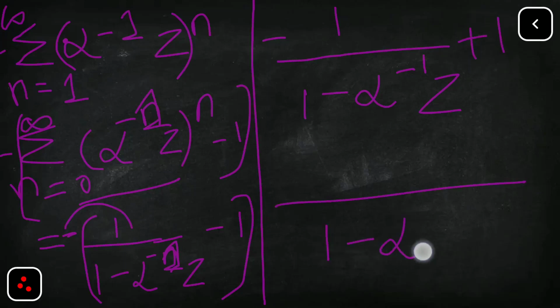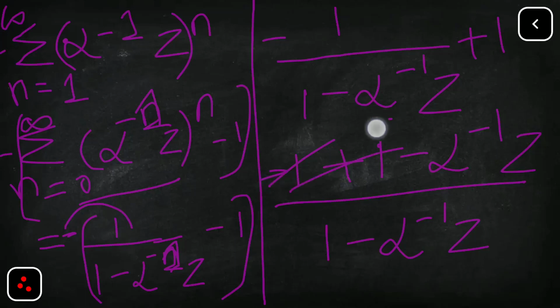That is minus 1 plus 1 minus alpha to the power of minus 1 into z. So this cancels, which was equal to 0, and you got alpha to the power of minus 1 z divided by 1 minus alpha to the power of minus 1 into z.